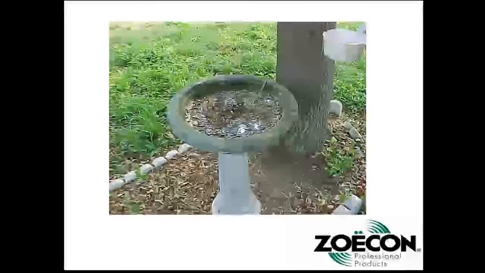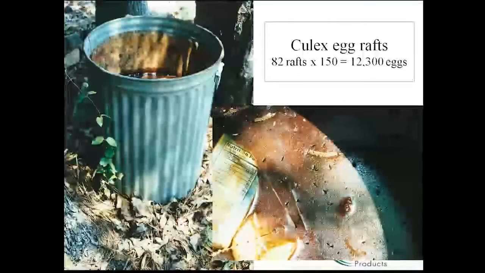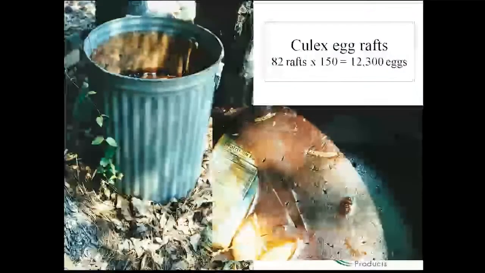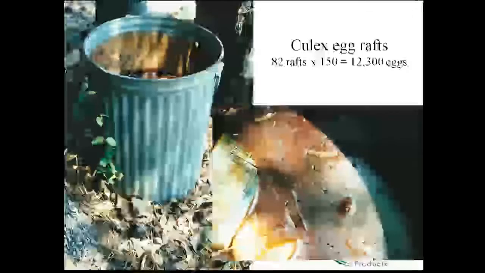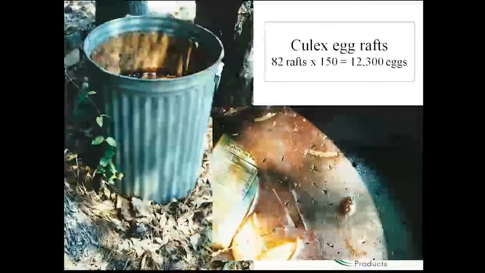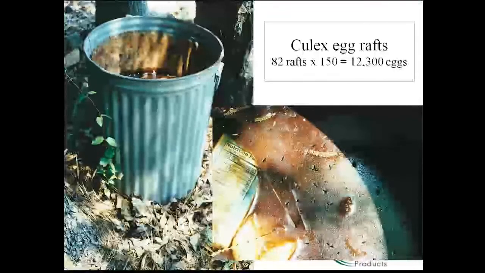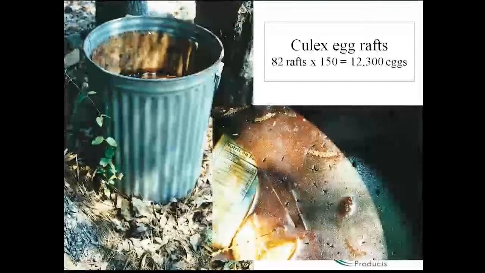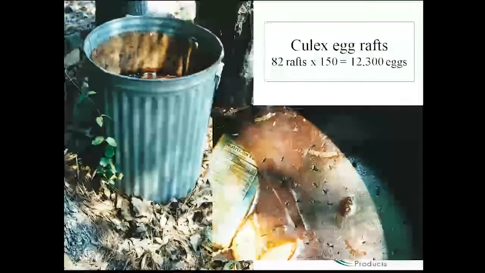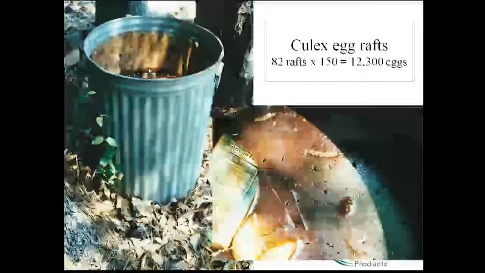This is a good example here too. It's just a trash can that someone left out in the yard. This was out behind a school, and I counted 82 egg rafts in this thing, and you can see where the water level fluctuates in here from top to bottom. You can see there was a rain event, and it went down about 1 inch.